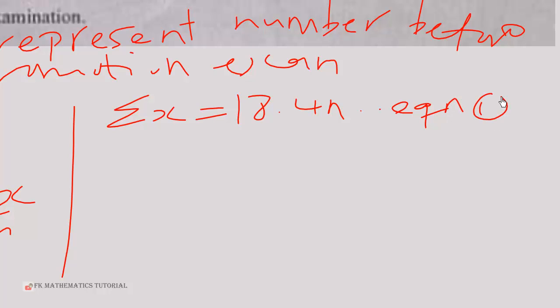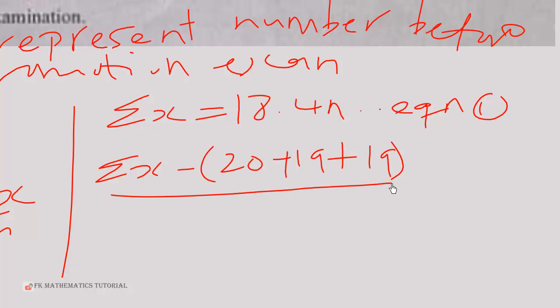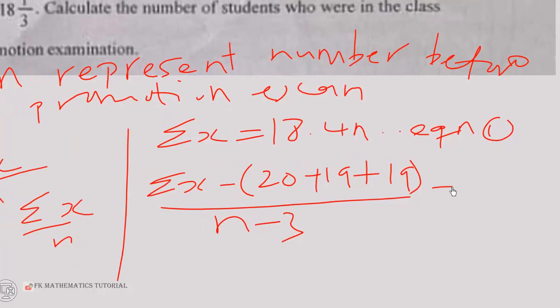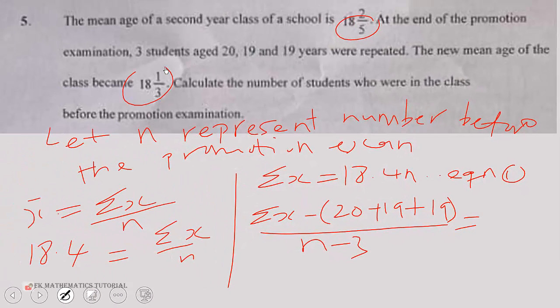The next thing I'm going to do is calculate the mean of the students after the promotion exam. This is the mean before the promotion exam. The mean after the promotion exam is given by summation x minus the ages of the 3 students, 20 plus 19 plus 19, all over n minus 3, because the number will reduce now, and that will be equal to 18 and 1 over 3, which is the same as 55 over 3.